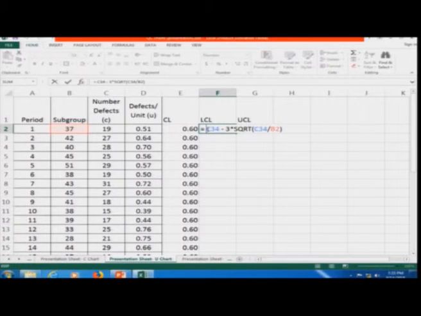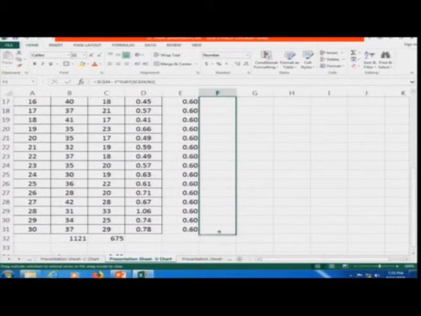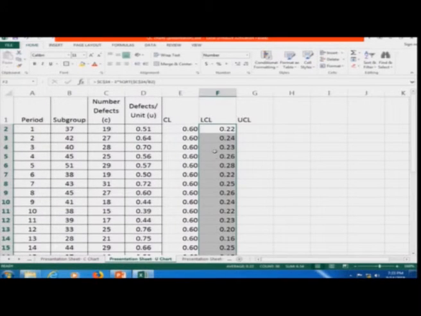So I lock the U bar, enter and drag. So upper control limit will be very similar to this.